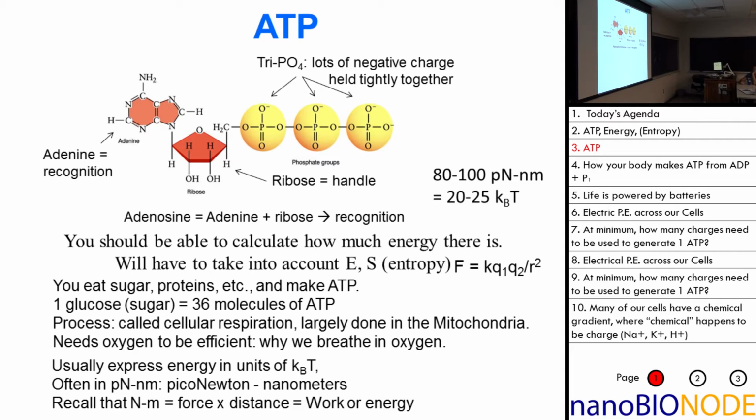Come on, somebody give me the answer. 75%. Yeah, I don't care about the answer, but how do you get the answer? 58 divided by 80 to 100. So this is roughly 75% efficient.